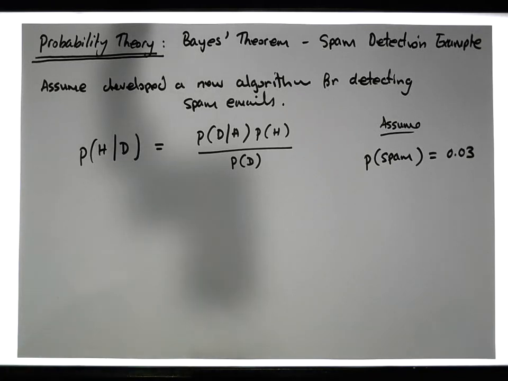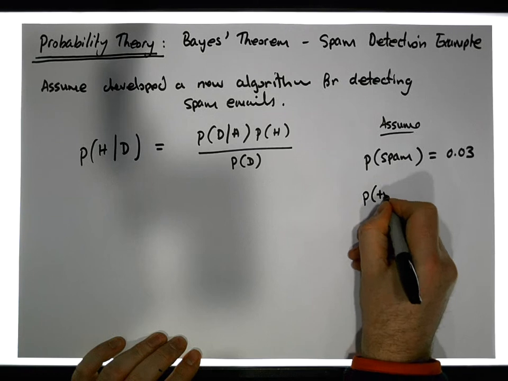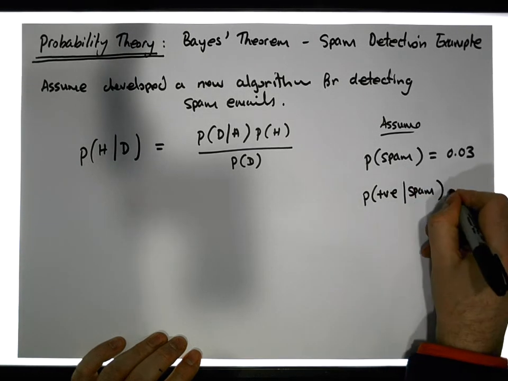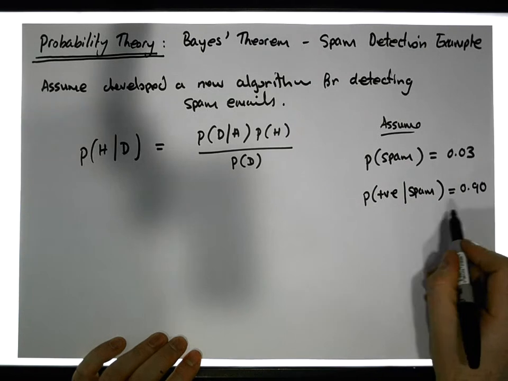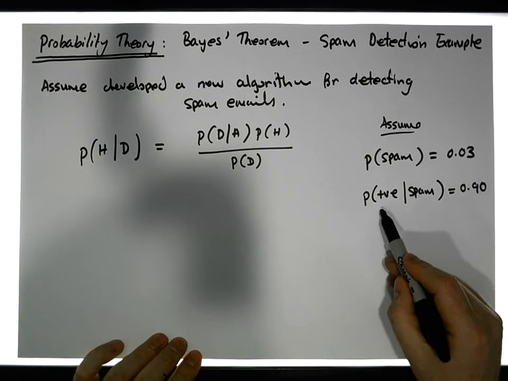So it has this positive hit rate, and also a negative hit rate, if that makes sense. So the probability of getting a positive result when we give the algorithm a spam email is 0.90.